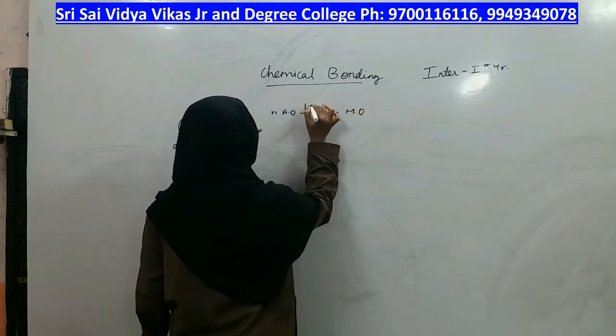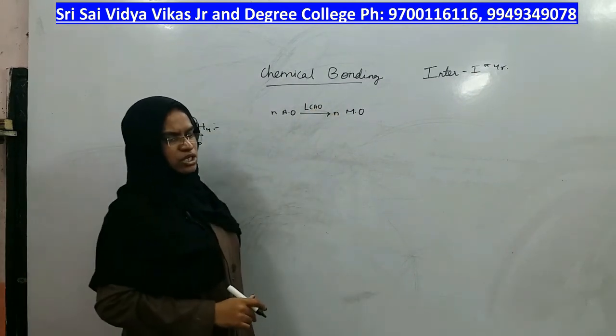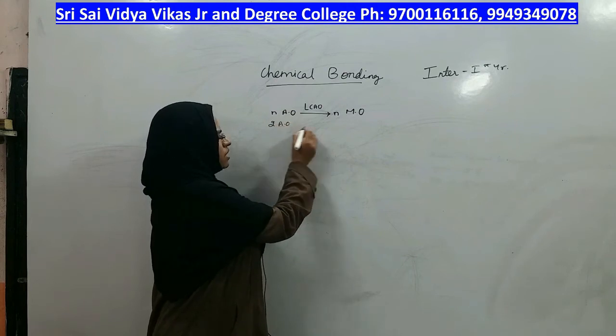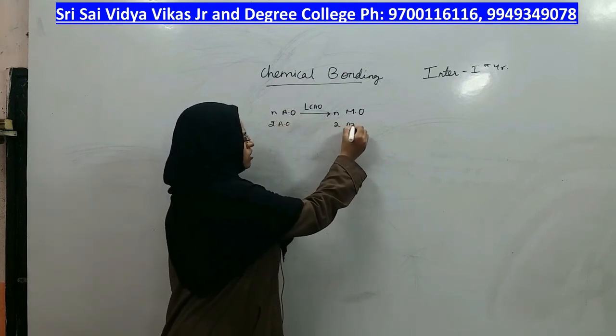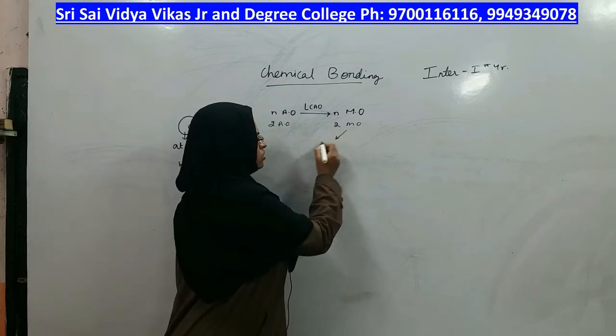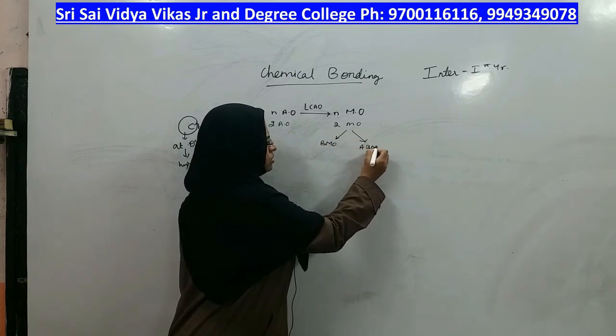How will they combine? Linear combination of atomic orbitals will give you molecular orbitals. Suppose 2 atomic orbitals are combining, you will get 2 molecular orbitals, out of which one molecular orbital is called the bonding molecular orbital and the other is called the anti-bonding molecular orbital.